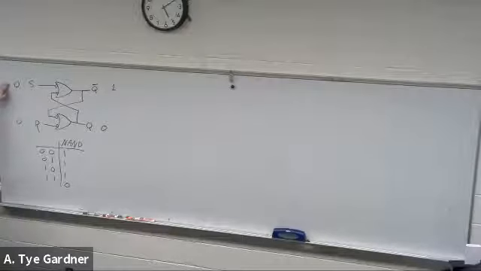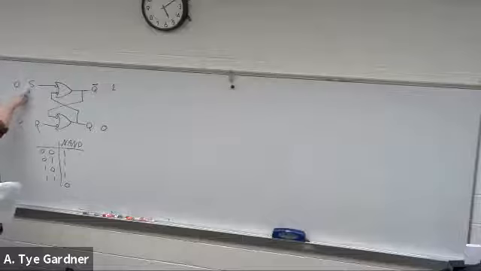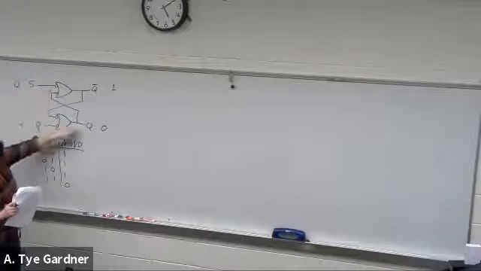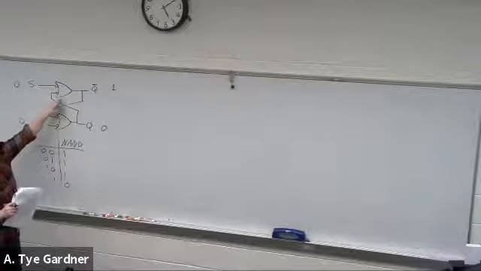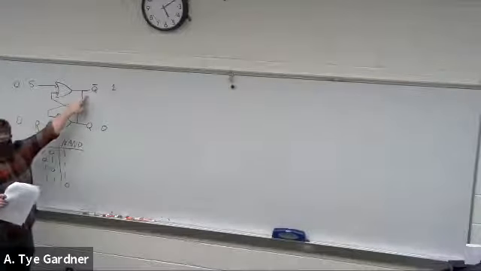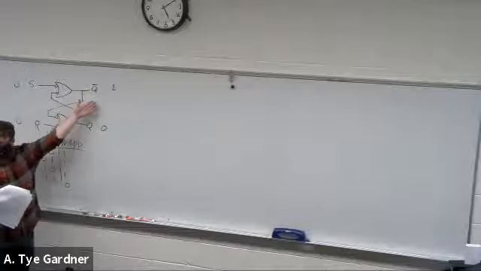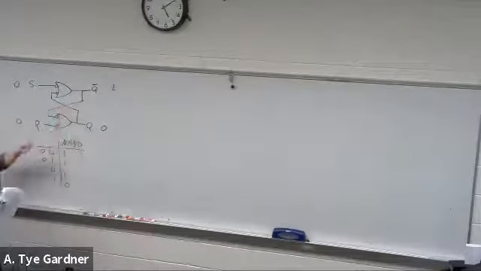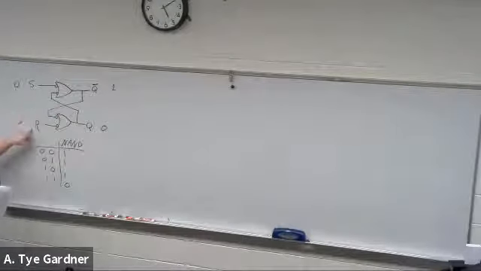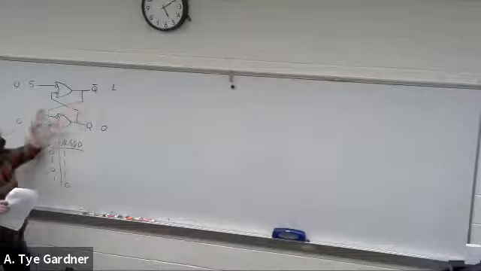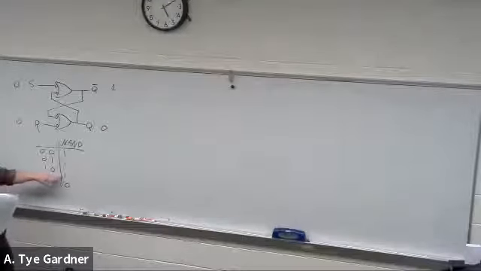So in the case of set is 0 and Q is 0, Q bar is 1. Great, that's good. That would be bad if it wasn't, right? Reset is 0, Q bar is 1, 1, 0.